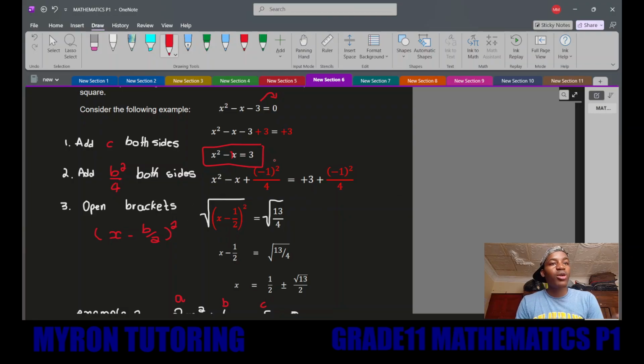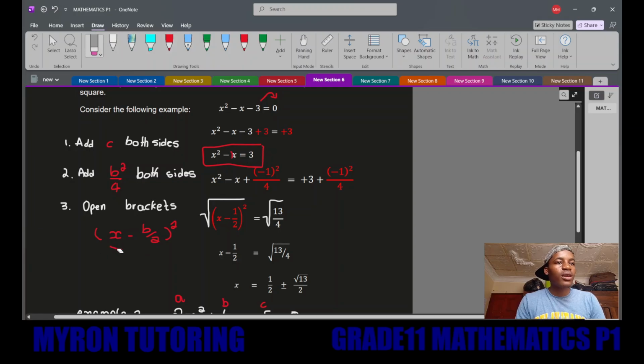By adding b squared over 4 to both sides, what we have created is a perfect square on the right hand side. That square is x minus b over 2, all in brackets squared. If you open 2 brackets right now and put x minus a half, multiply the 2 brackets, you'll find that it gives you this term up here, because it is a perfect square.